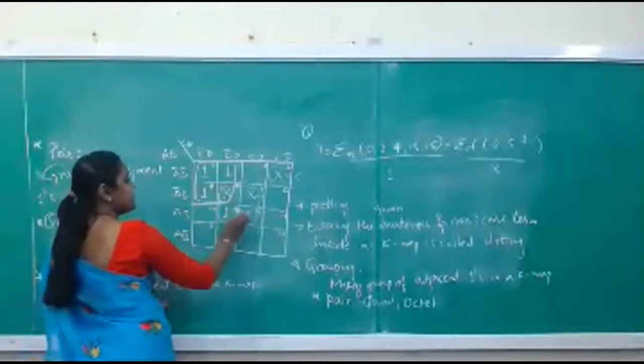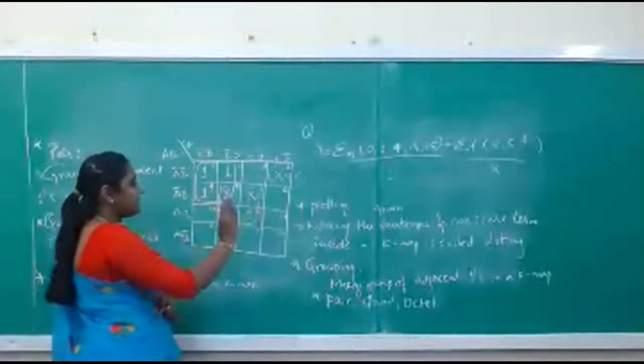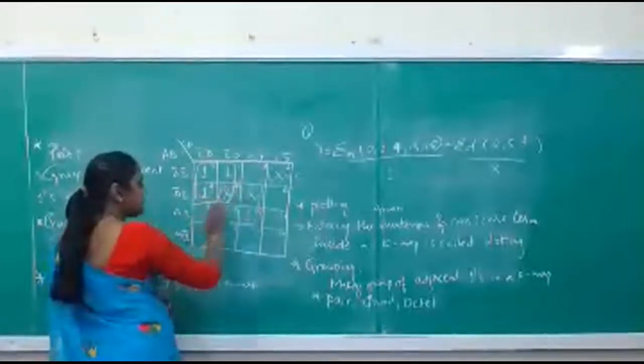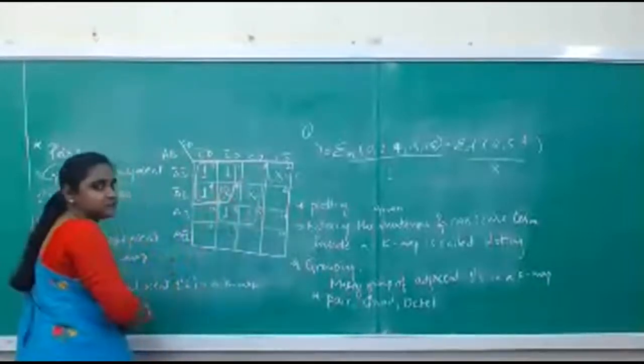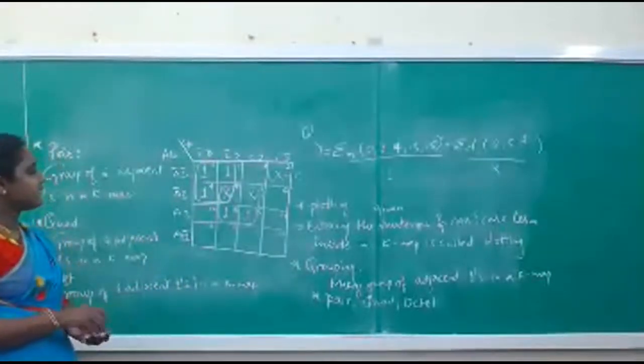These are not redundant bits because they appear in individual groups only. They are not repeated in any other group. So this is called a redundant bit. This is how grouping is done.